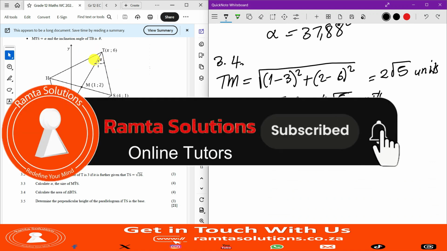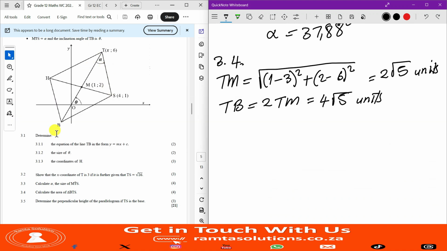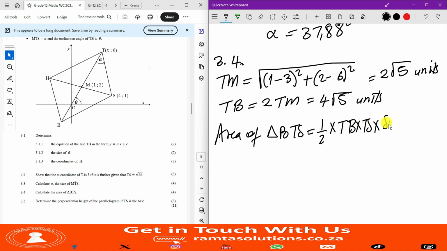Now, having said that, I do have the magnitude of this side and the magnitude of this side, and the magnitude of this angle. So I can find the area. Therefore, area of triangle BTS is equal to half times TB times TS times sine angle MTS, right?